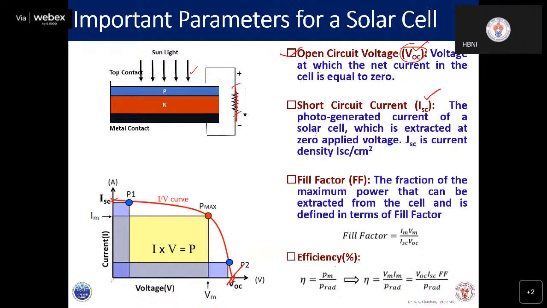So though we have got maximum current or maximum voltage, the power drawn from the solar cell is zero. But we want certain power from the solar cell so that it can be utilized in some application, or some electrical appliance can be run through this.